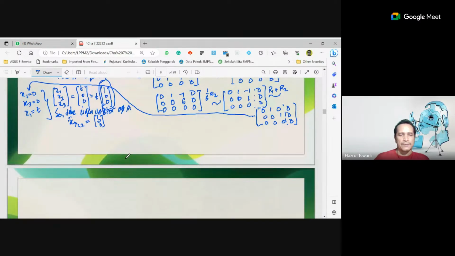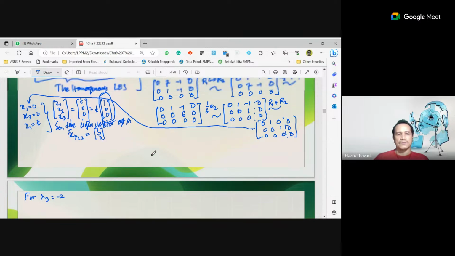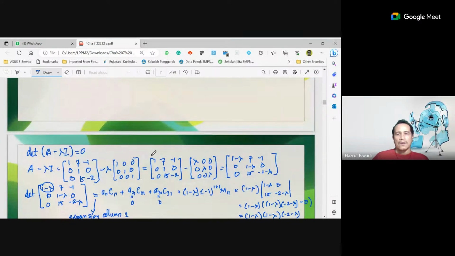It means we must find it for lambda 3 is equal to -2. To make it shorter, I don't write like this.